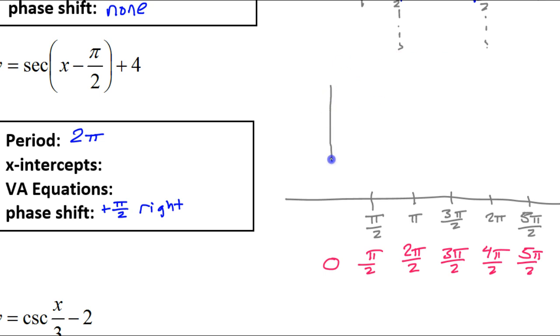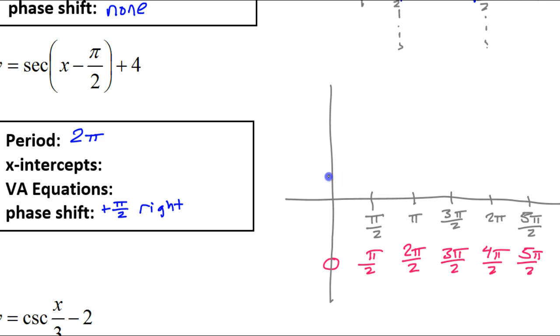Okay, so here's my y-axis at 0. I needed my y-axis so that I can do my vertical shift and my amplitude stuff. So I'm going to go up 4. I'm going to go up to 5 to leave space for the a value of 1.